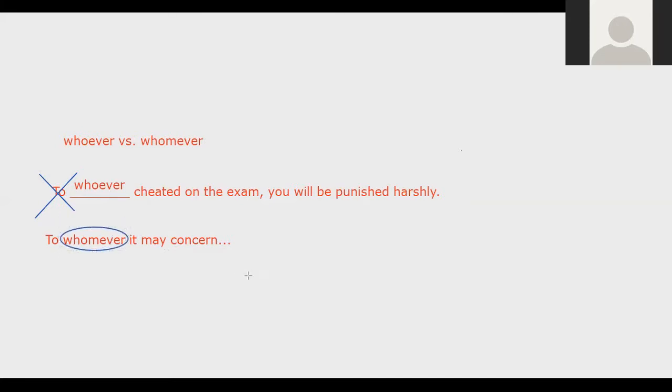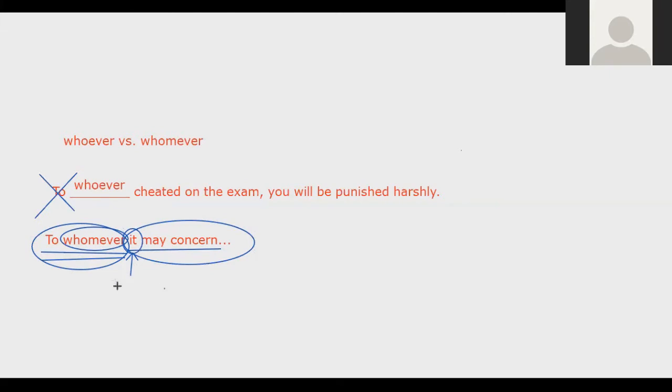Because this clause right here, it may concern, already has a subject, which is it. So whoever here can't be the subject. Here it's just to whomever. That's just that one phrase. So this whole thing here is one unit, and this whole thing here is another unit.